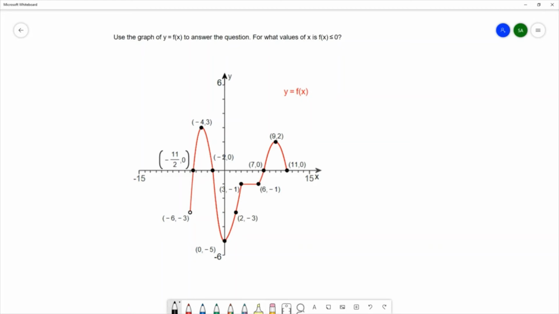So for what values of x is f of x less than or equal to 0? What we have to remember is that f of x is the same thing as y. So we're saying when is y less than or equal to 0? For what x values is y less than or equal to 0?